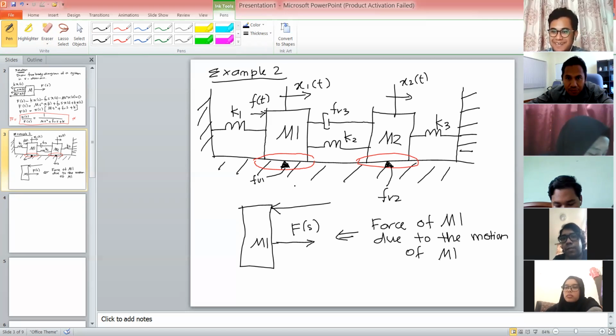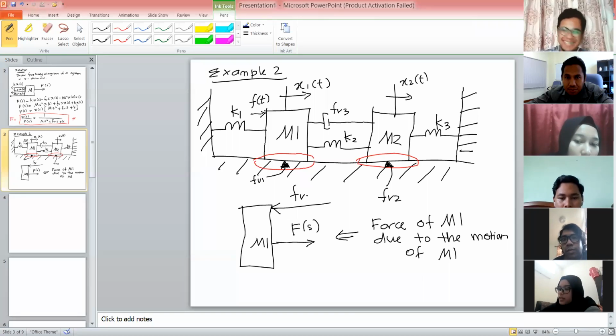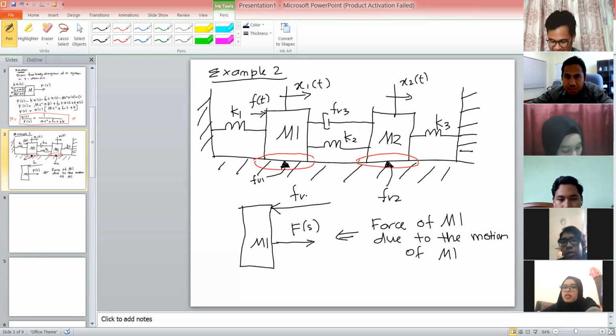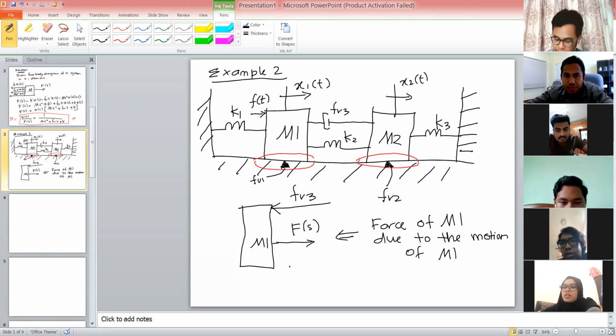This is what? FV what number? FV3. And we have K2 here.